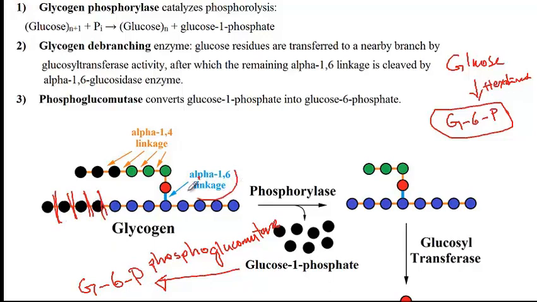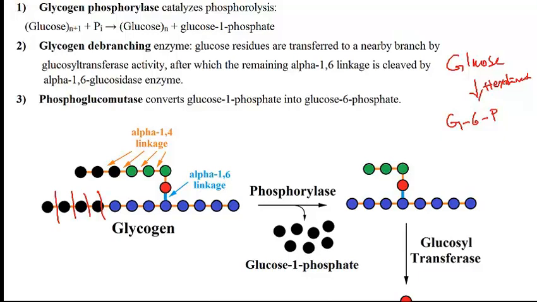Now how about the alpha 1,6 linkages? In order to do that, we will need the function of the debranching enzyme, the glycogen debranching enzyme. The glycogen debranching enzyme functions via the activity of two different enzymes. The first one is the glycosyl transferase, which will move all these glucose residues to a nearby chain, so it will translocate them.